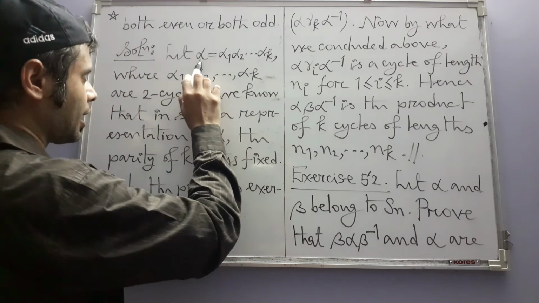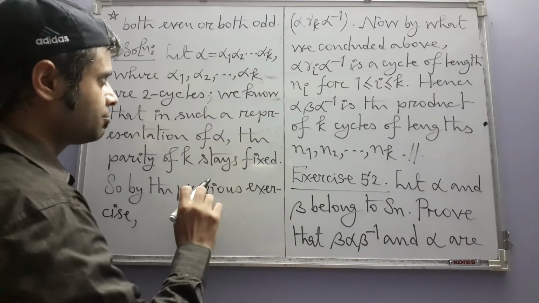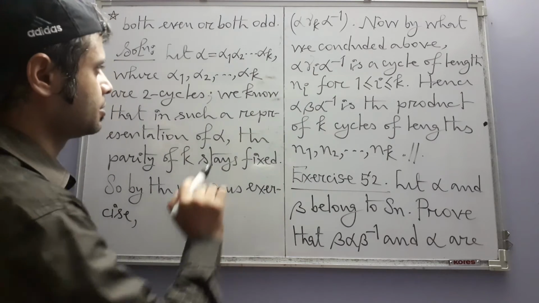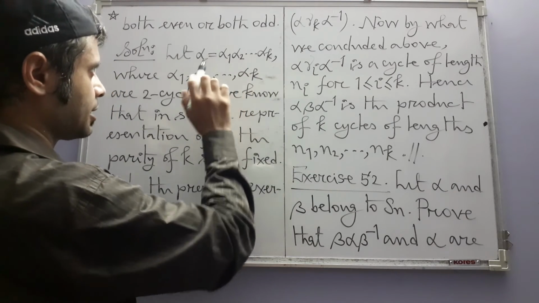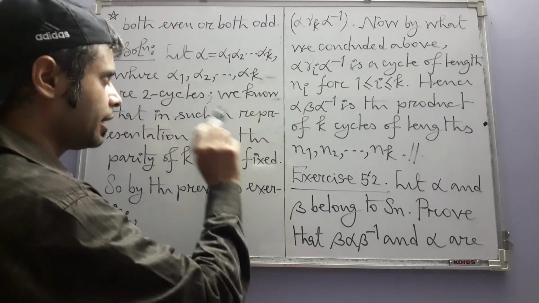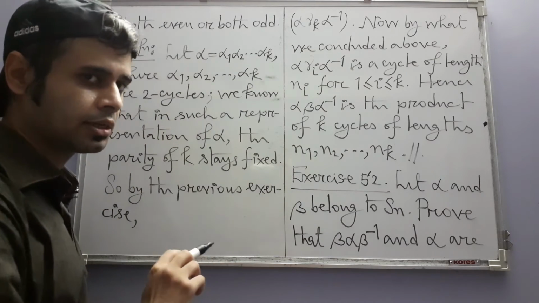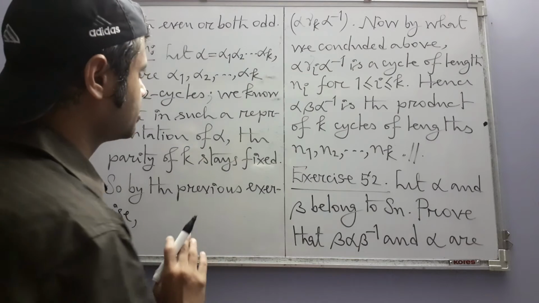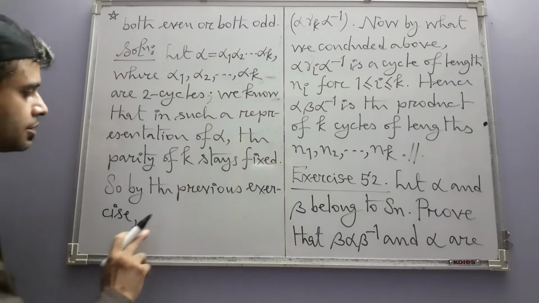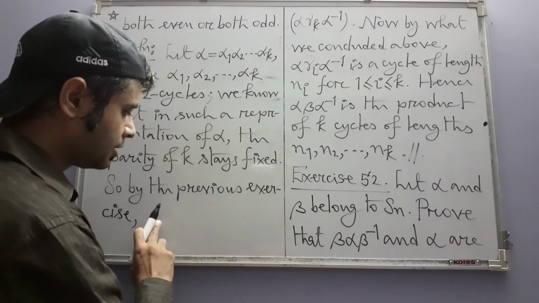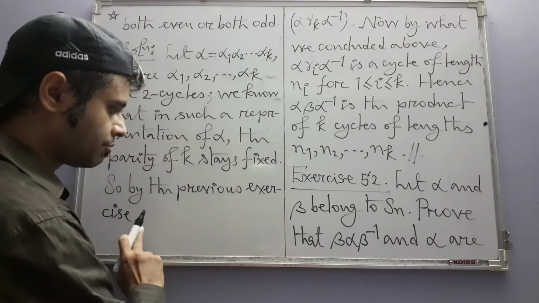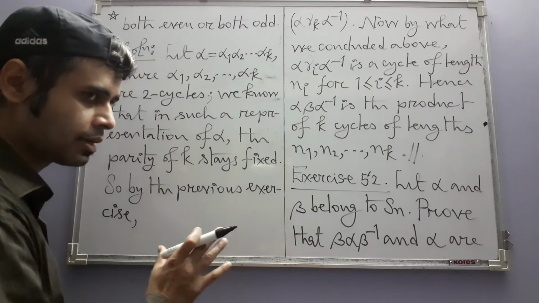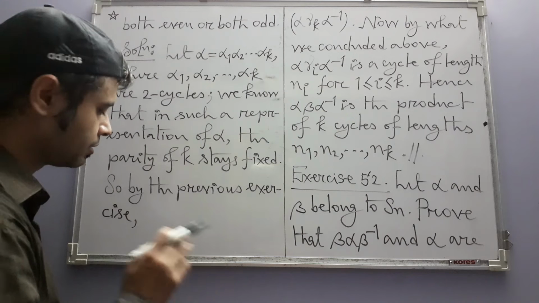You see here alpha is a product of k cycles. Each one this time has length 2, that means n1, n2, n3 all the way up to nk are all equal to 2 in this case. So by the previous exercise, beta alpha beta inverse will also be a product of that many cycles of that same length.